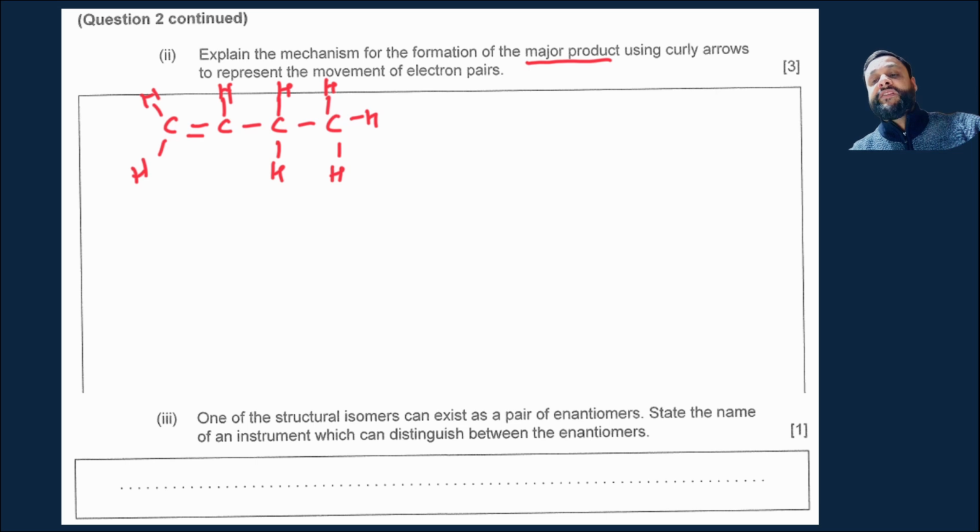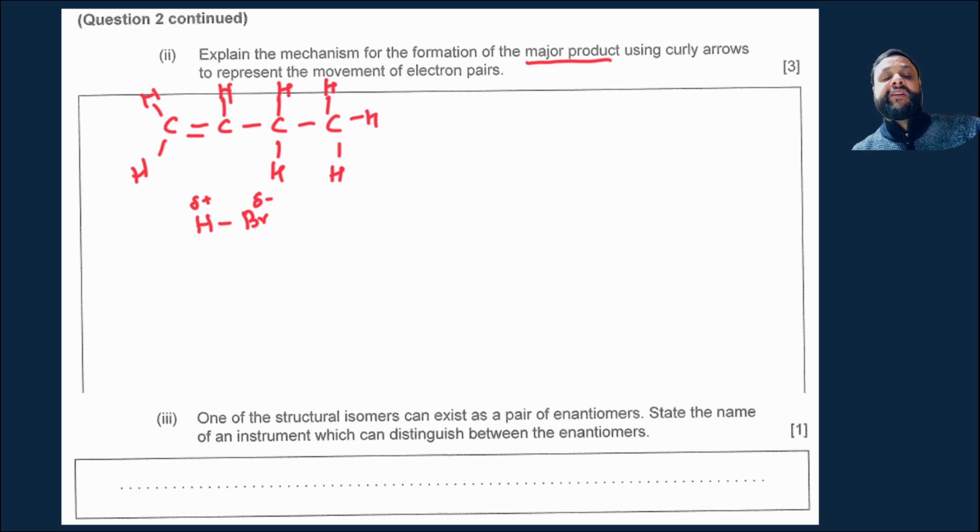The major product will be through the secondary carbocation. So let's write HBr. HBr is a polar molecule. Hydrogen is partial positive, and Br is partial negative because Br is more electronegative as compared to H. So the role of H here is electrophile, and the name of this mechanism is electrophilic addition.